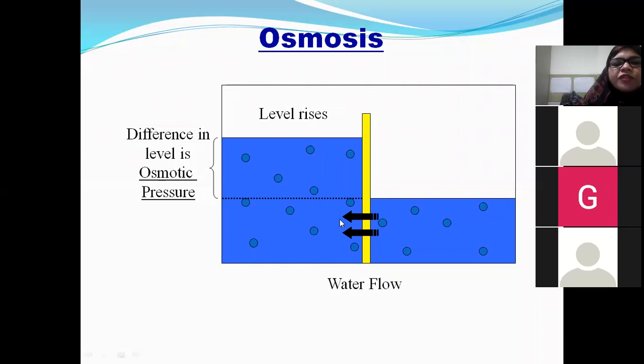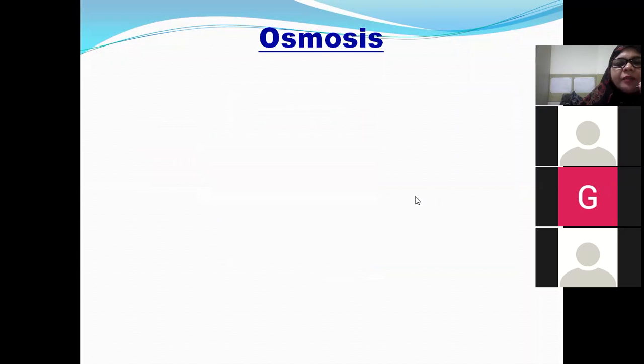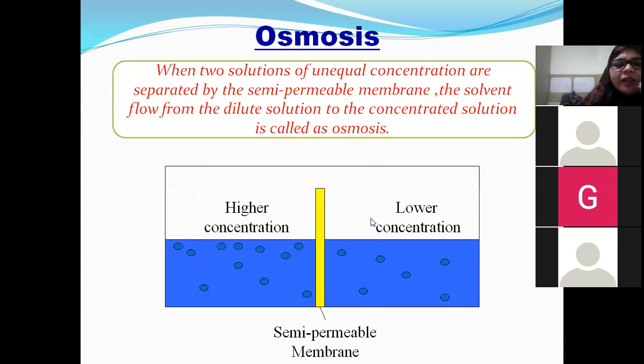So this is osmosis. As you said, the flow of liquid takes place from lower concentration to higher concentration. In the earlier picture, the level of the water was equal.